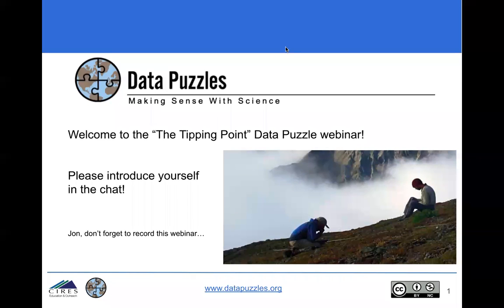And the goal for tonight is for us to engage with these different ambitious science teaching practices in the context of this data puzzle, and for you to leave here tonight feeling confident in your abilities to go facilitate this data puzzle in your classroom, should you so choose.